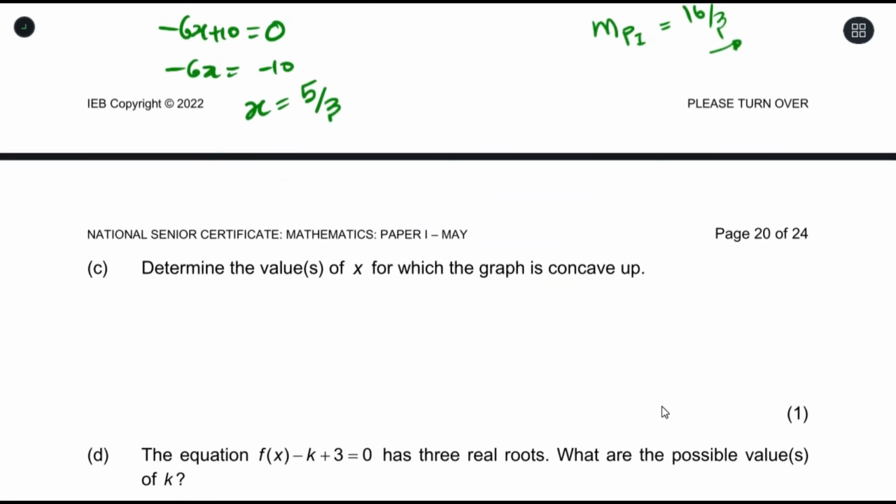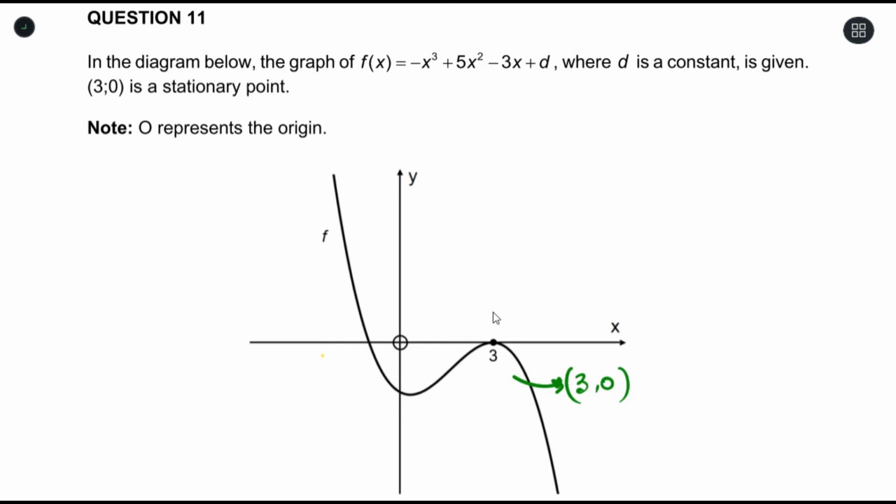Now C says determine the values of x for which your graph is concave up. And normally how I find concave up is to first of all figure out what our point of inflection is, which in this case here is 5 over 3. This part of our cubic function, I normally consider it as concave down, while this part is considered as concave up.